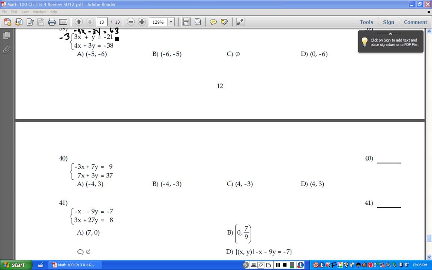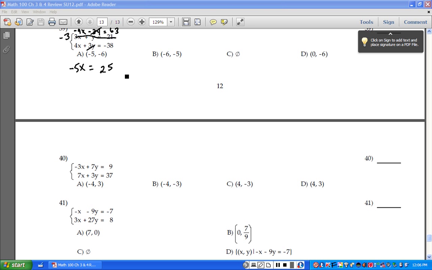Alright, so negative 9x, and this is all gone now. So negative 9x plus 4x is a negative 5x. The y's cancel. 63 minus 38 would be 25.